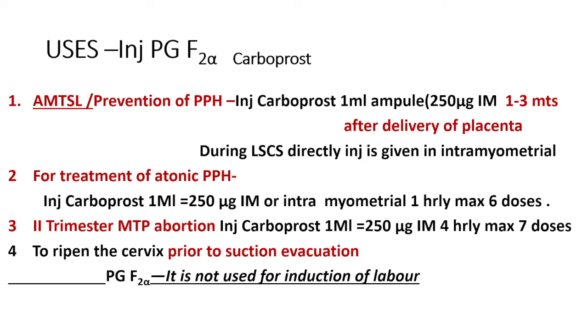Prostaglandin F2 alpha is also used for second trimester MTP or abortion cases where 4 hourly dose is repeated. 250 microgram intramuscular, maximum 7 doses can be given in these cases. It also helps and is used for the ripening of the cervix prior to the suction evacuation. But remember, prostaglandin F2 alpha is not used for induction of labor either in preterm or full-term pregnancy.